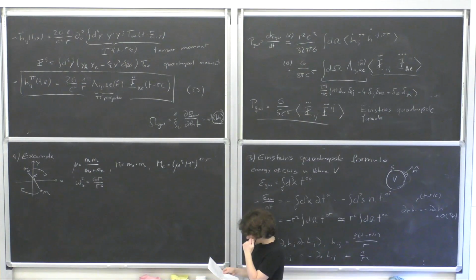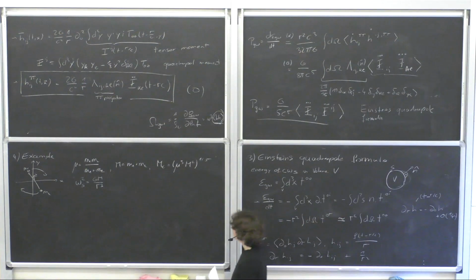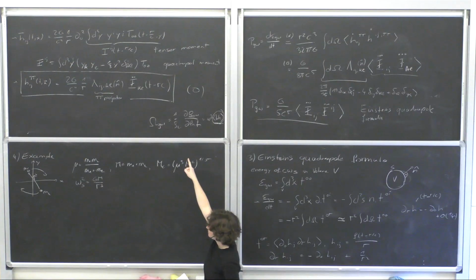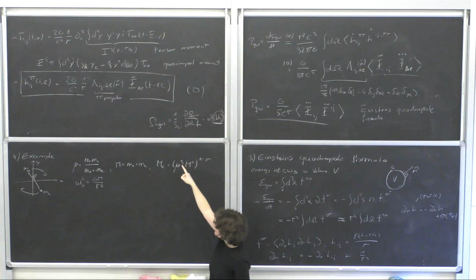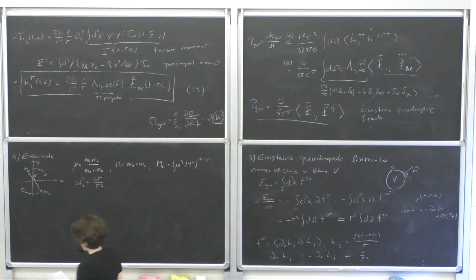Okay, so now we want to compute the gravitational wave emission by this formula here. What we need is the second derivative of the quadrupole moment. So what is the quadrupole moment? To compute it, we first need to understand the motion, basically we need to solve the system, but we know how to solve the system.